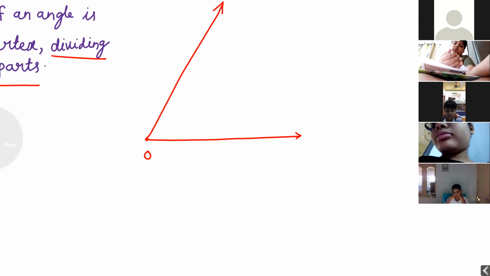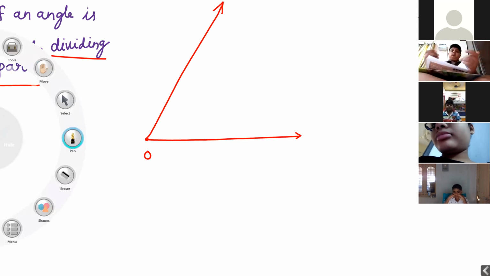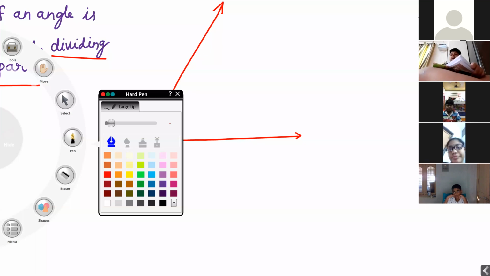Suppose I have drawn this angle. I want to draw the bisector of this angle. How to do it? Concentrate here, everyone.